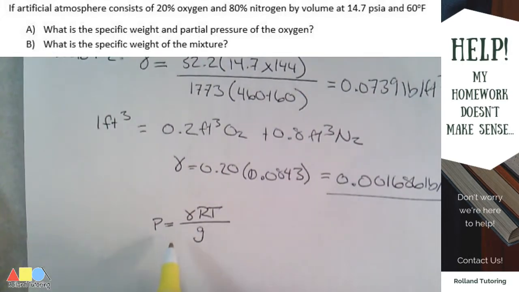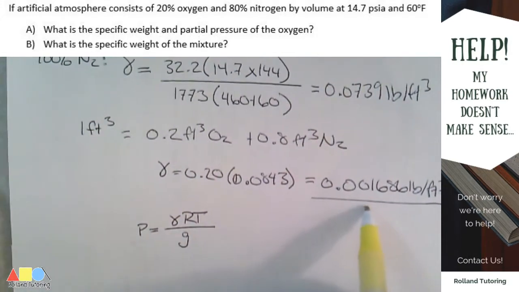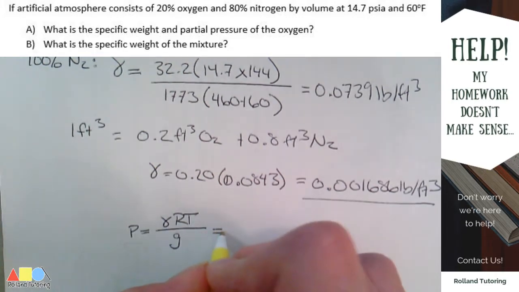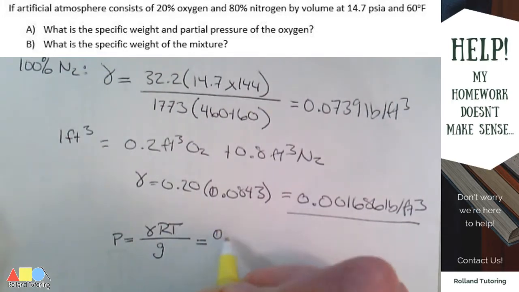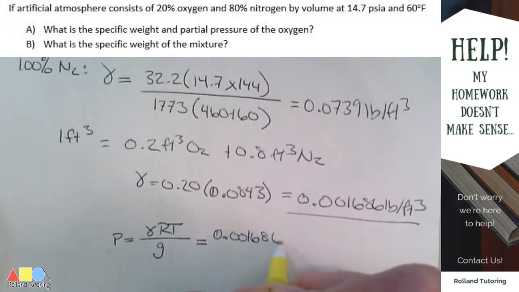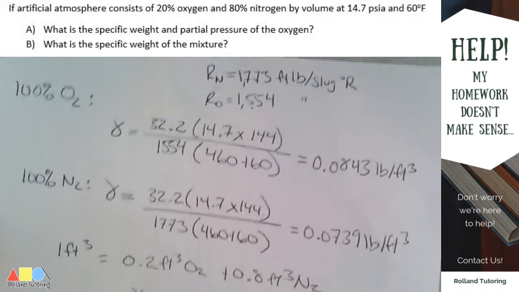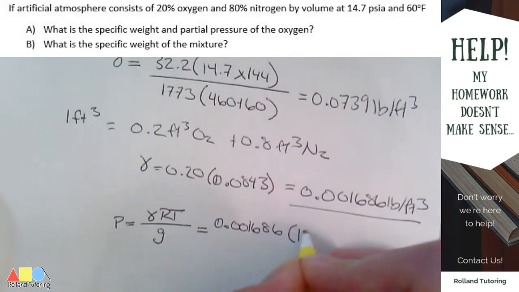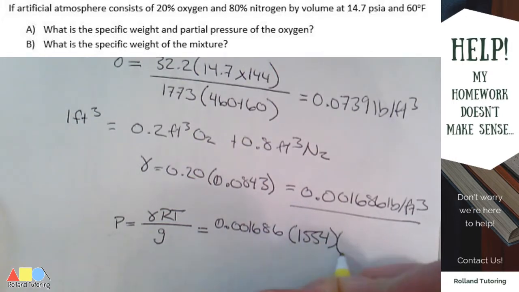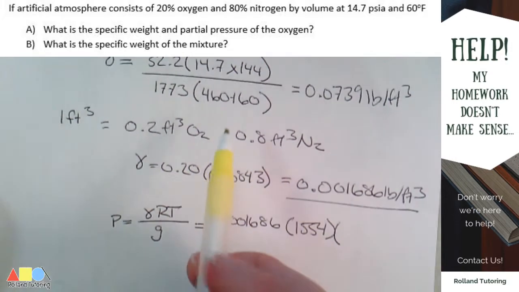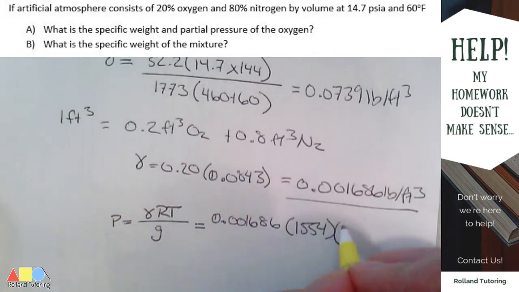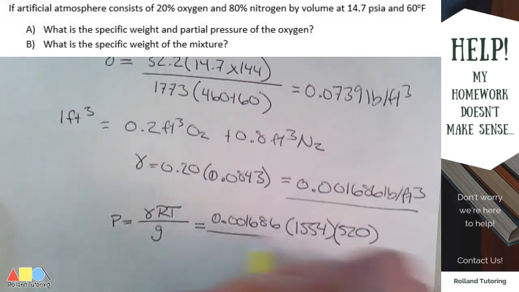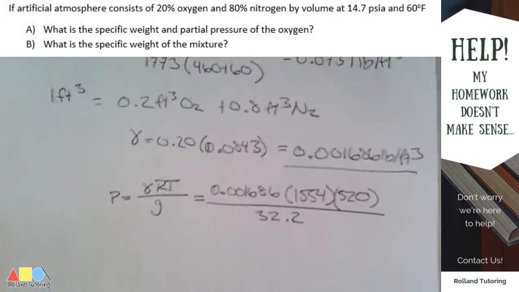We plug in the specific weight we just got, 0.001686, times the R for oxygen, 1554, and our temperature is the same, 520, which is 460 plus 60, all over 32.2 for gravity.